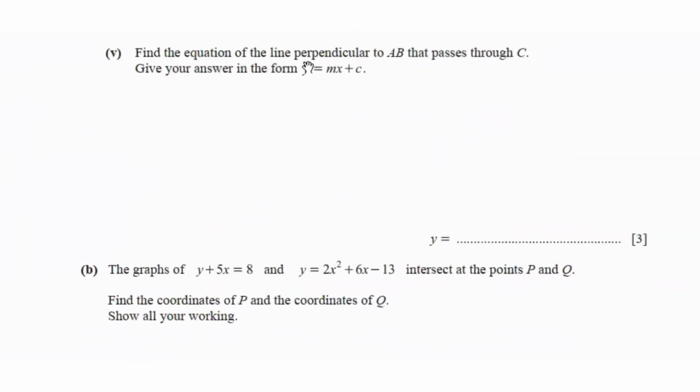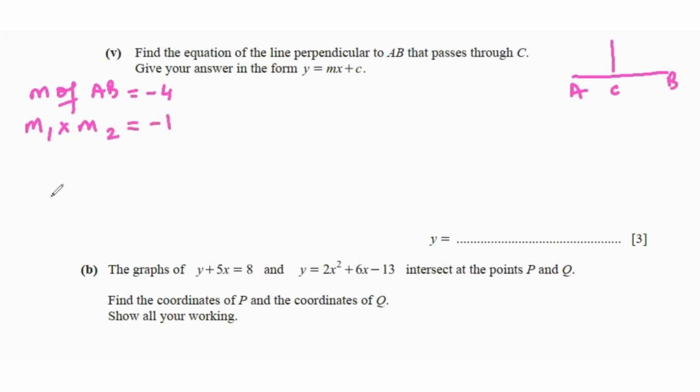And it says find the equation of the line perpendicular to AB that passes through C. So basically, AB and it's passing through C, something like this. So we know M of AB was negative 4. And when we talk about perpendicular lines, the gradients of the two perpendicular lines when multiplied equal negative 1.